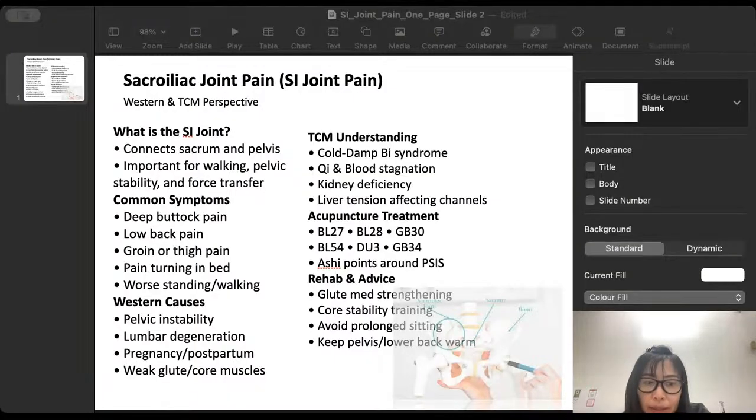So not every buttock pain is simply SI joint pain. Do bear this in mind.